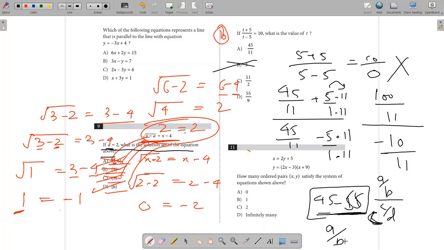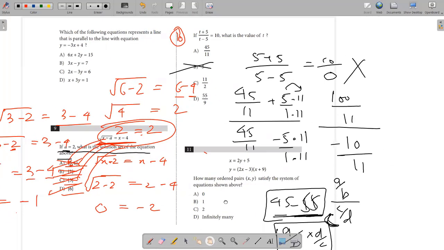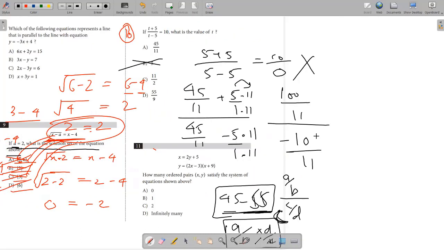So you get a by b multiplied by d by c. You remember? Dividing of the fractions. So here we have 100 over 11 whole divided by negative 10 over 11, this will be equal to 100 over 11 multiplied by 11 over negative 10.